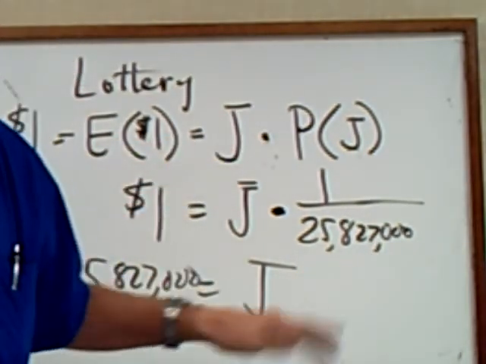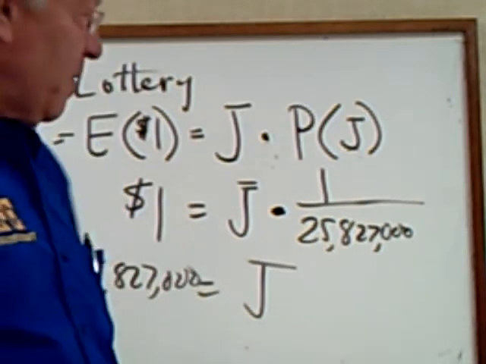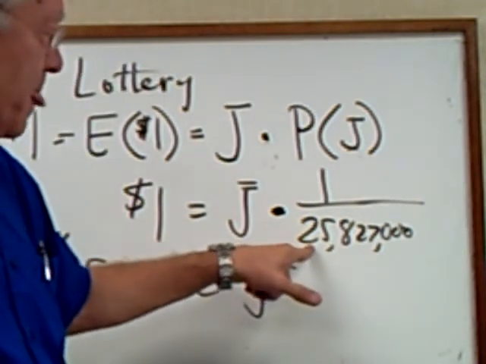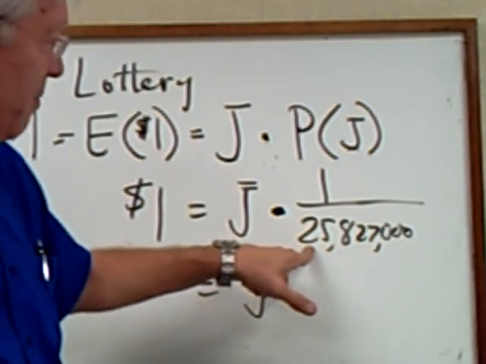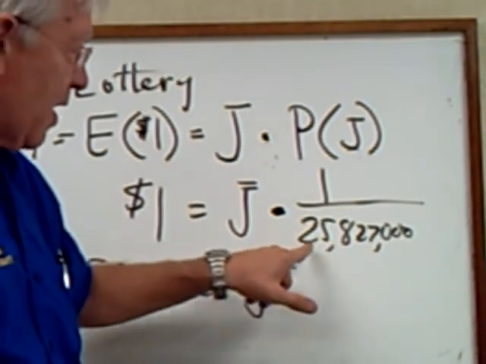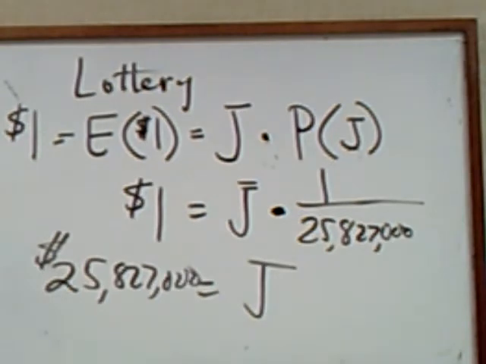But wait, I've got to figure out some new stuff here. First of all, that 25 million has a time value of money attached to it, doesn't it? Because the way they work this out is they take this $25 million jackpot and they stretch it out over, say, 20 years.